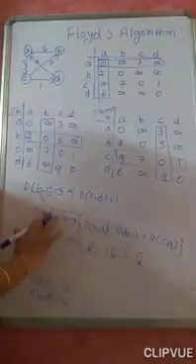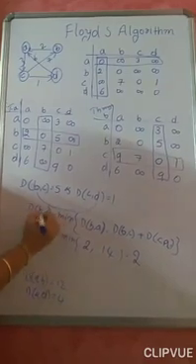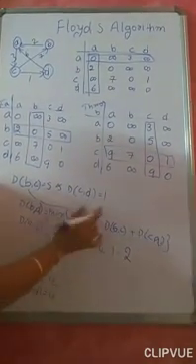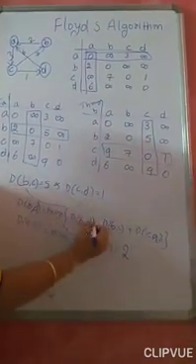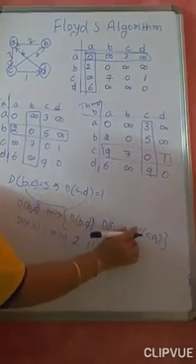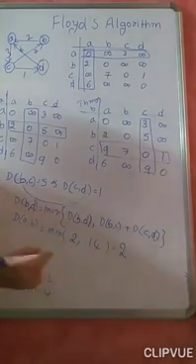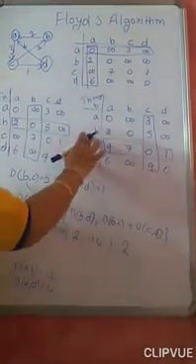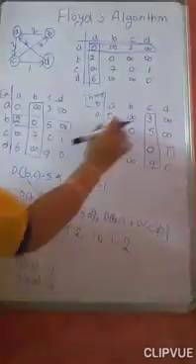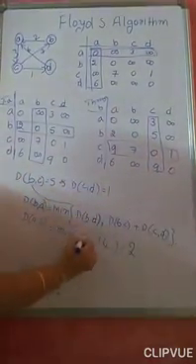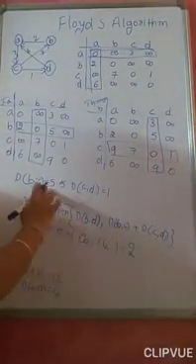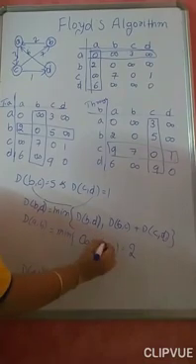Therefore, distance from B to D is equal to the minimum of the previous distance from B to D or through C, B to C and C to D, whichever is minimum. So, what is the previous distance from B to D? B to D is infinity, and this is 5 plus 1, 6.